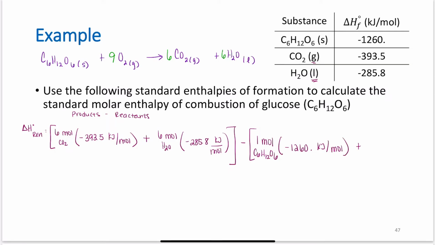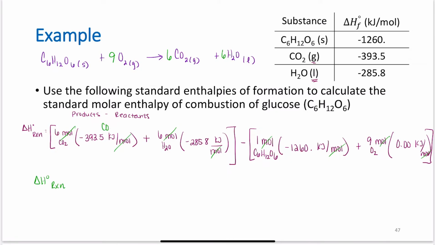Plus 9 moles O2, and there's no value listed because it's O2, it's 0. This cancels out my moles, gives me kilojoules. And when you add this all up, let's put delta H reaction here.